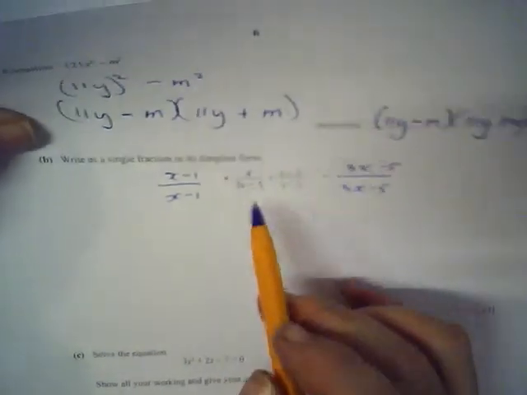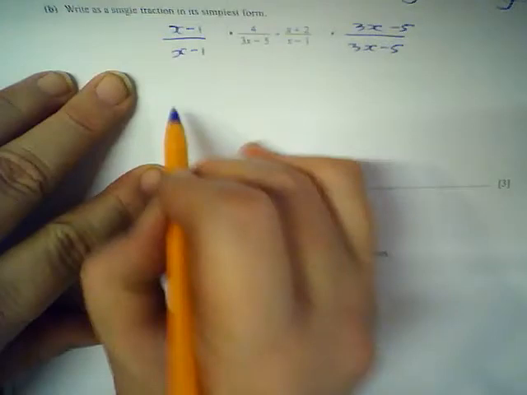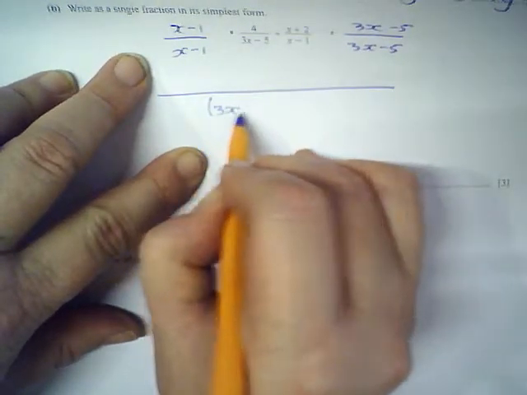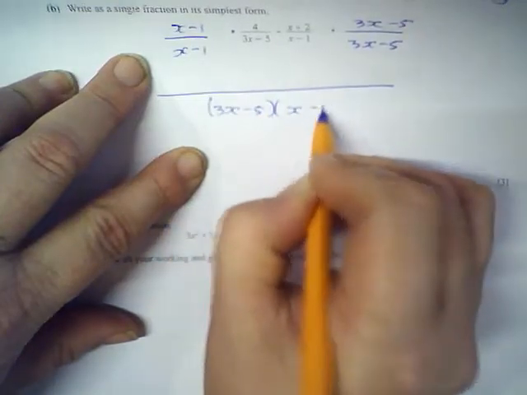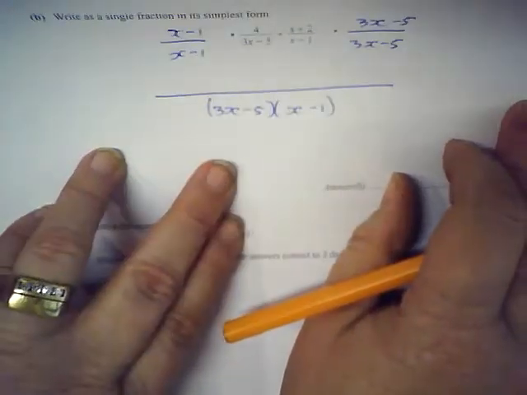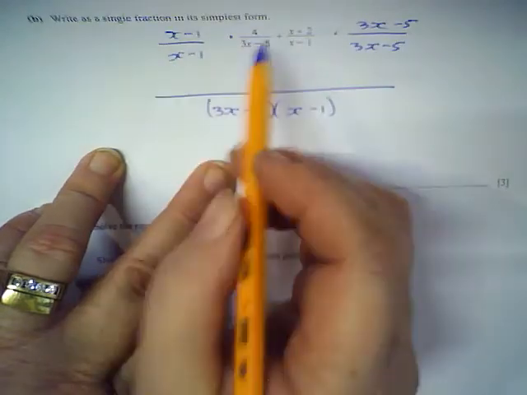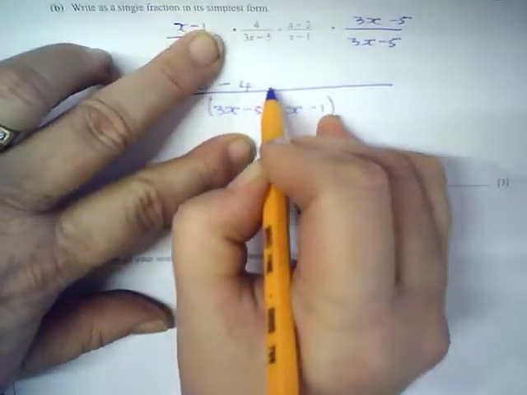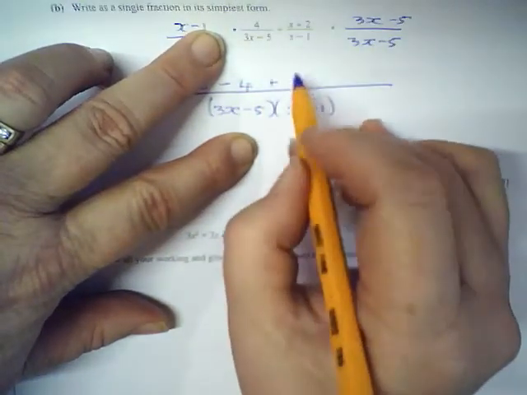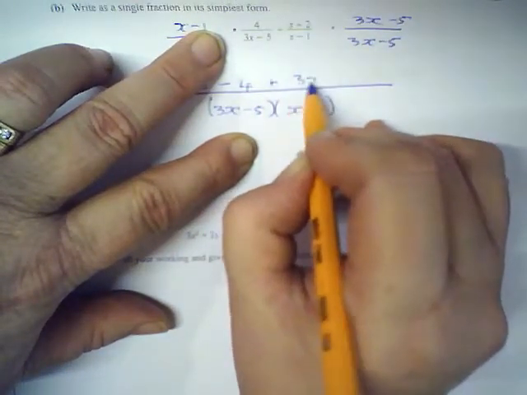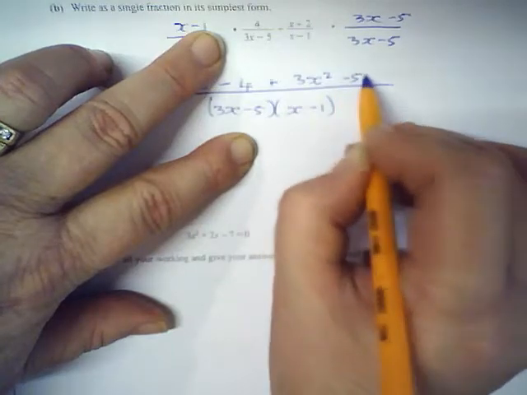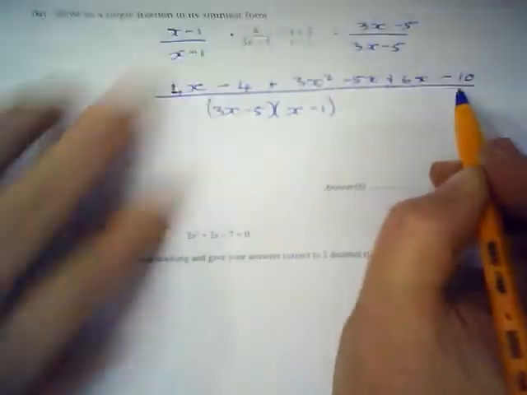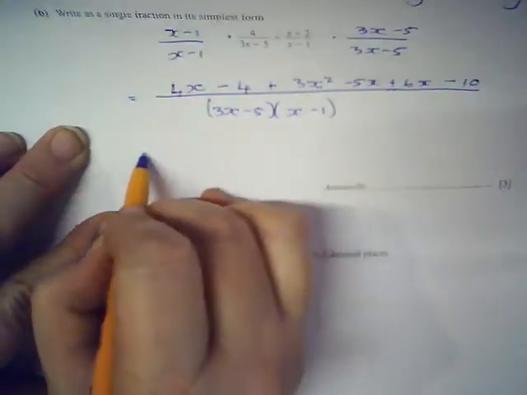It doesn't change the value of my equation, but it does give me one single denominator that we really want as a single fraction. Okay, so now we just have to distribute there, so that will give us 4x minus 4 plus, and if I do the distribution there, I get 3x squared minus 5x plus 6x negative 10. Okay, still have to do a bit of work there.